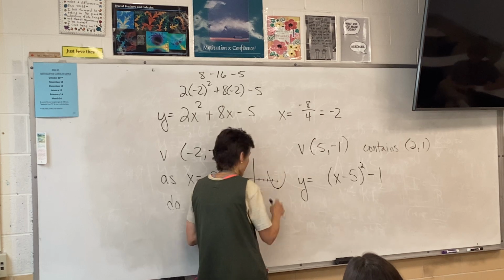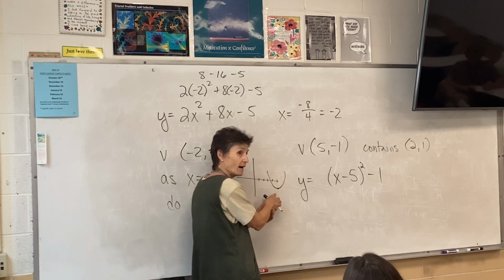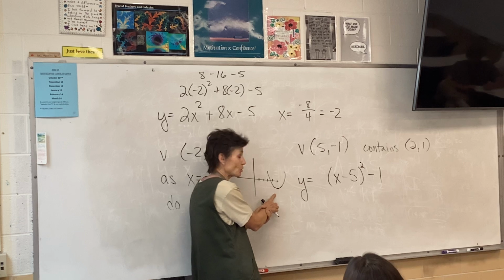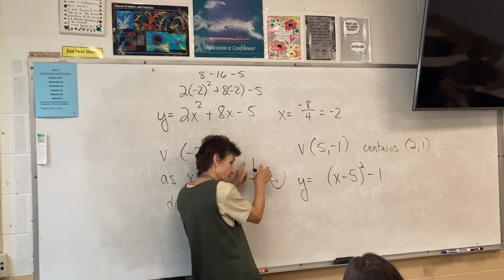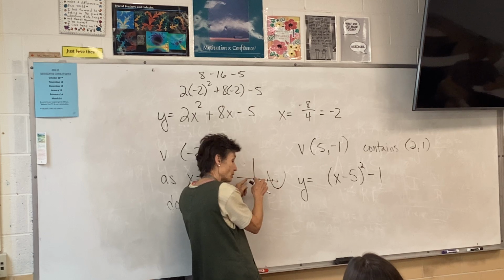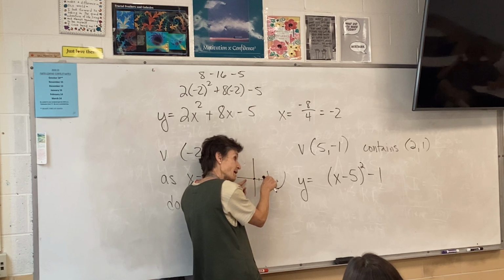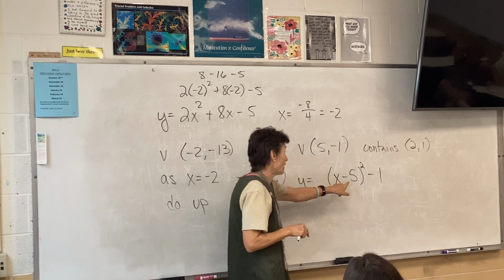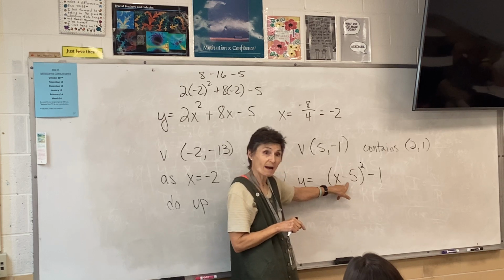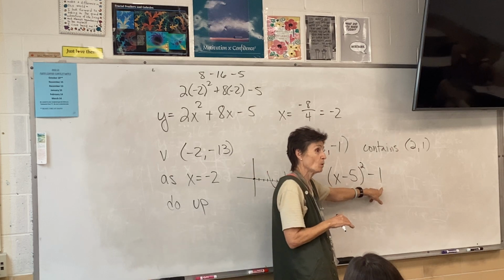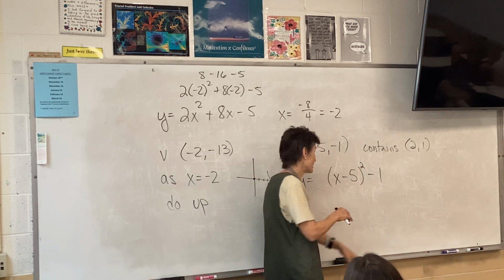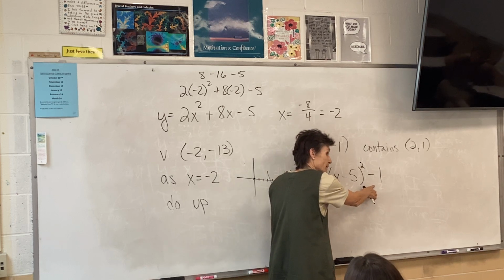Well, I don't know if it opens up or down, but it's over here, right 5 and down 1. So that means my picture, which used to be at the origin, right, x squared used to be at the origin, it's gone right 5 and down 1. Well, if I want to go right, don't I have to put x minus in the parentheses? We know that from before. And then down would be minus 1. So this says right 5, down 1.